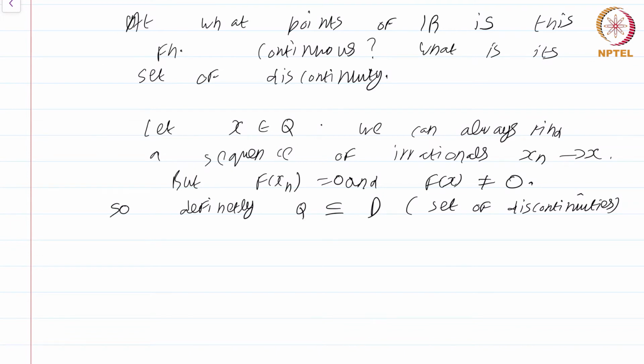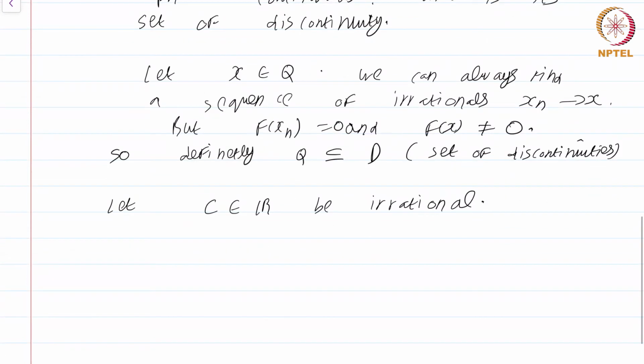Okay, what about an irrational number? Here is where a fun thing happens. Let c belonging to R be irrational. Now observe what happens. Let q_n be rational numbers converging to c.